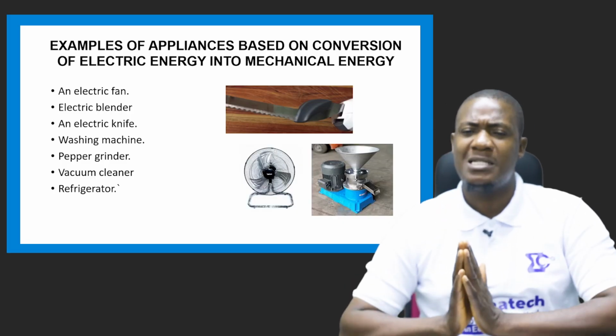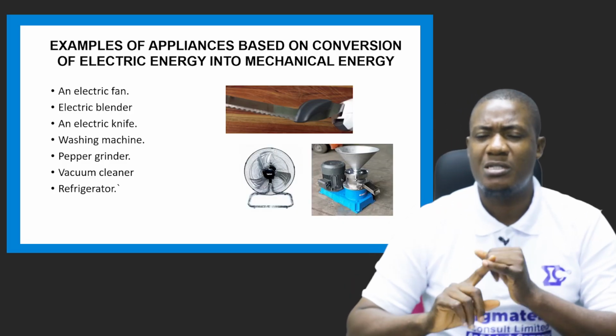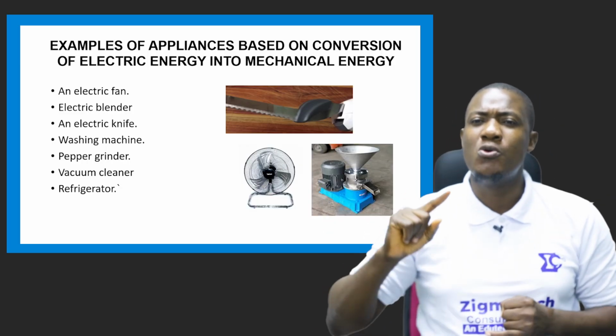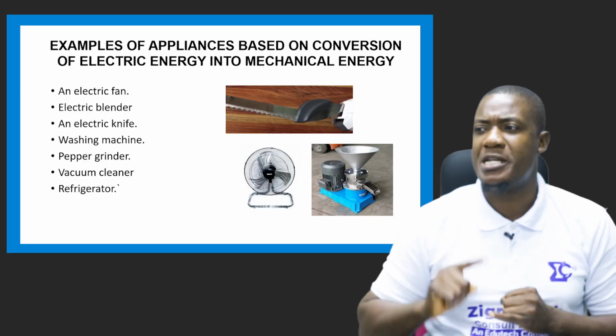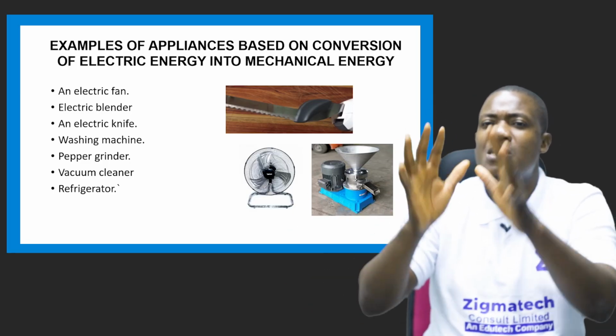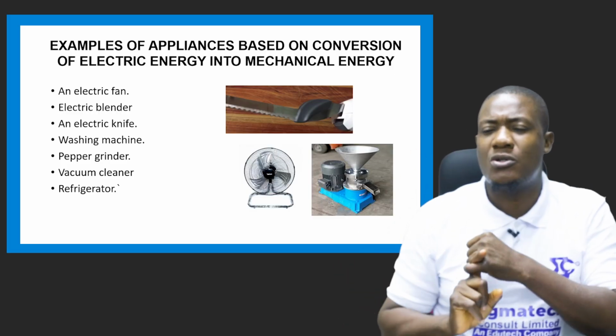Okay, now all of these appliances, the electric fan, move because they have a motor in them. If it is a standing fan, the back of it is the motor. That's where you have the motor.